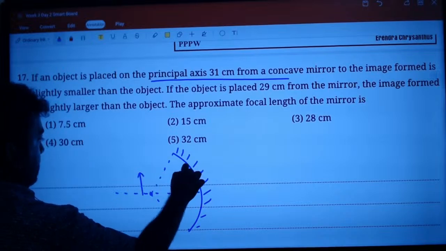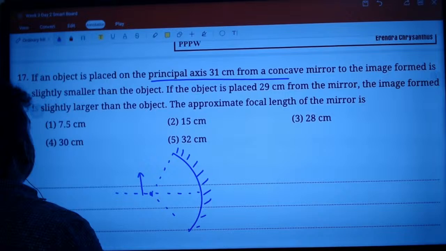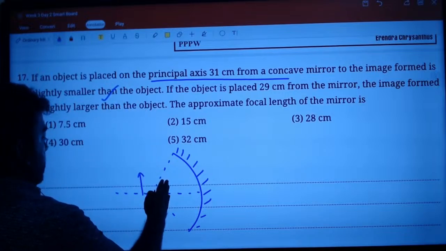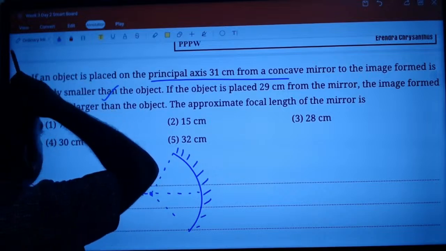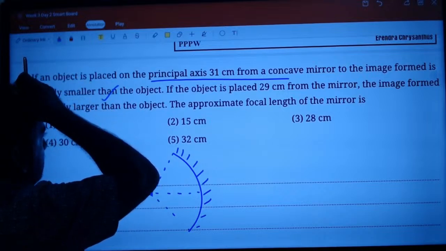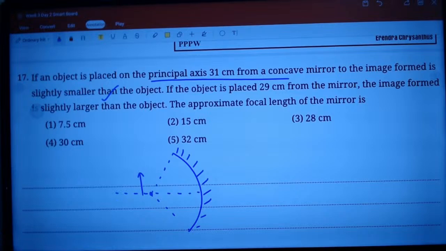So light rays go, the image is found to be smaller, right? If the object is kept closer, the image is larger. Yes. What is the approximate focal length?